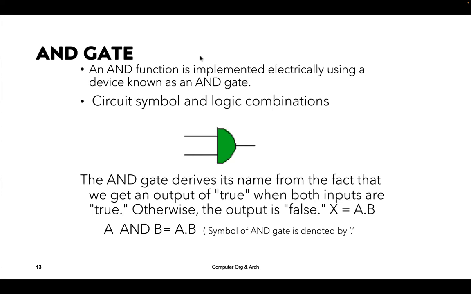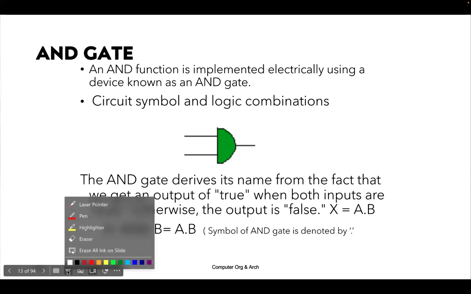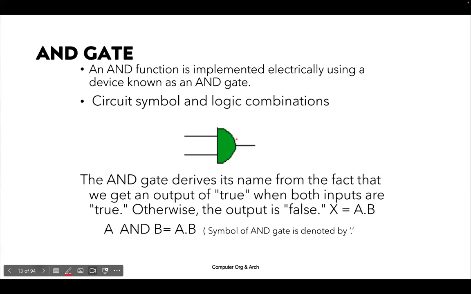Now, this is the AND gate. The AND function is implemented electronically using the device known as the AND gate, and this is the symbol that represents the AND gate.